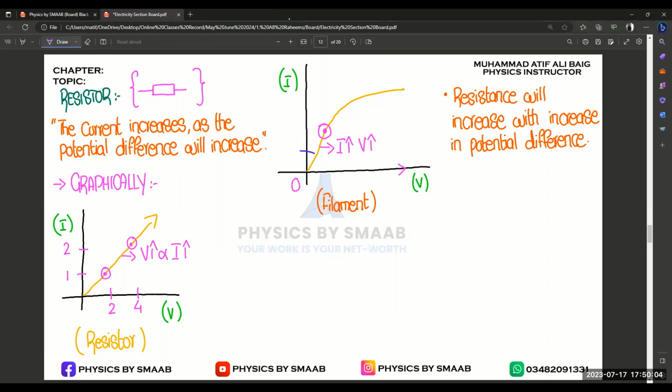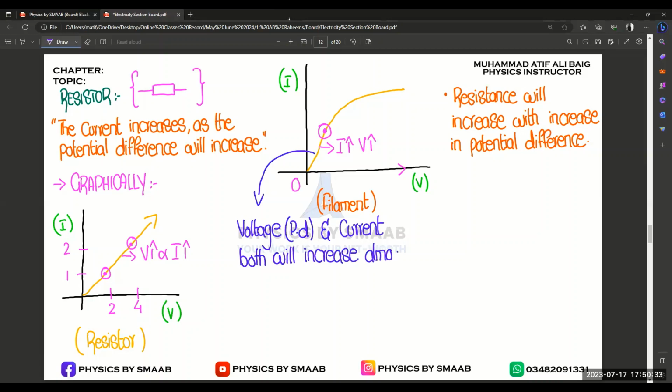This is our first phase, and in this phase potential difference and electric current will increase almost at the same rate. Rate means the increase in value with respect to time.